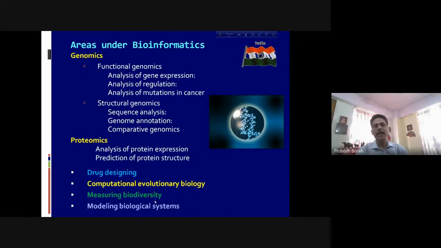So this area has emerged only after 2010, and is called synthetic genomics. We shall discuss all these aspects a little in future classes.